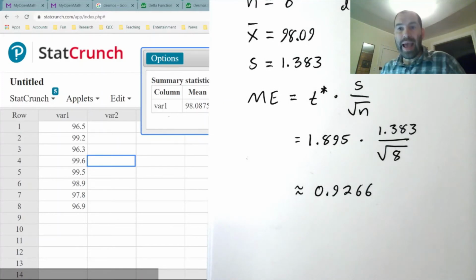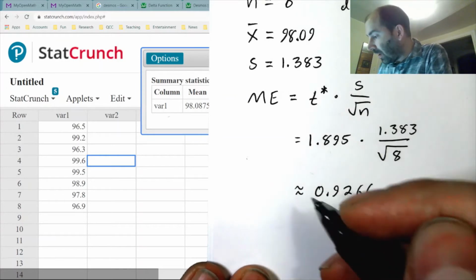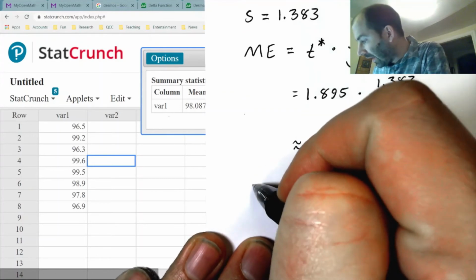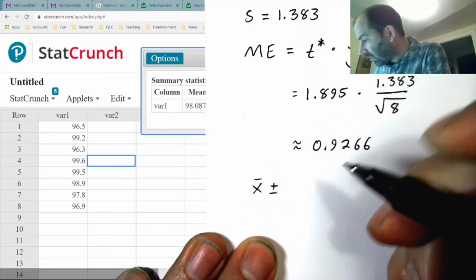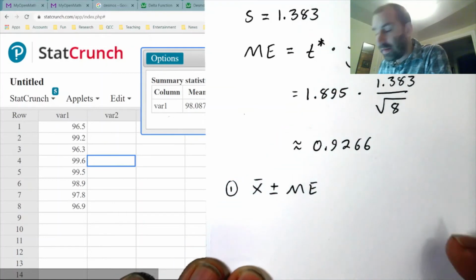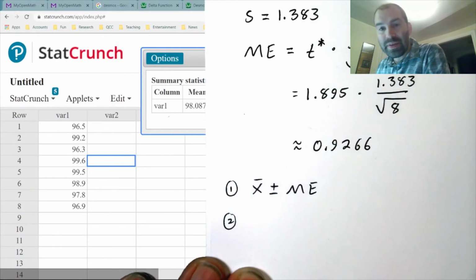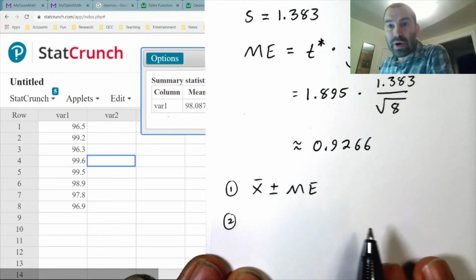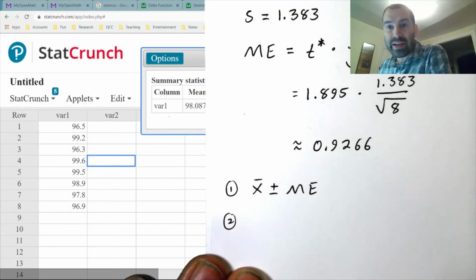Now that we have that, we can construct our confidence interval. Our confidence interval can be written in one of two ways. It can be written as x bar plus or minus the margin of error. That's one way to write it. Another way to write it is to just write an inequality that describes what we are predicting the population mean to be between.